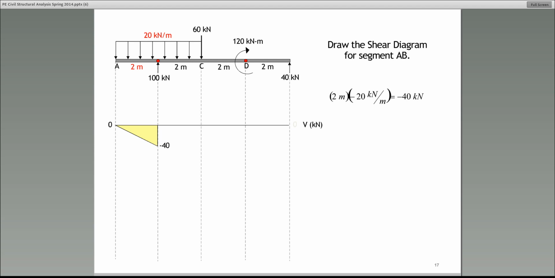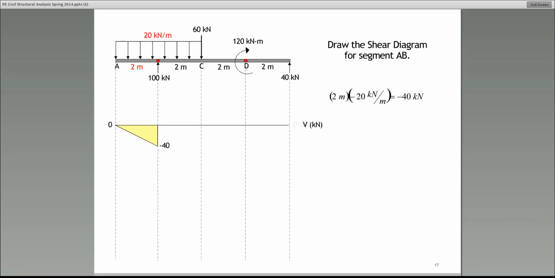Now here, for those of you, Helen, D is a pin. D is a pin. Oh, I'm sorry. D is this one you're talking about. D is neither. D is just a point on the beam. Yeah. Helen, thank you.